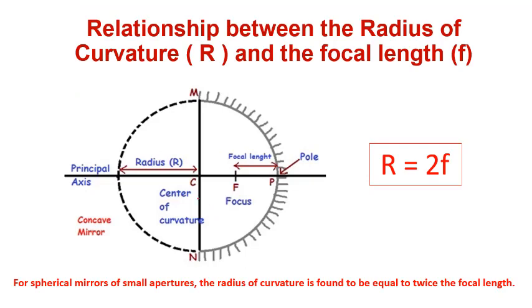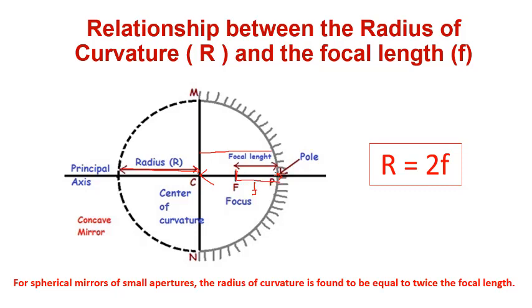Let us study the relationship between the radius of curvature, capital R, and the focal length f. We have seen this is the radius of curvature, from here to here. This is the radius R. This is the focal length from here to here.